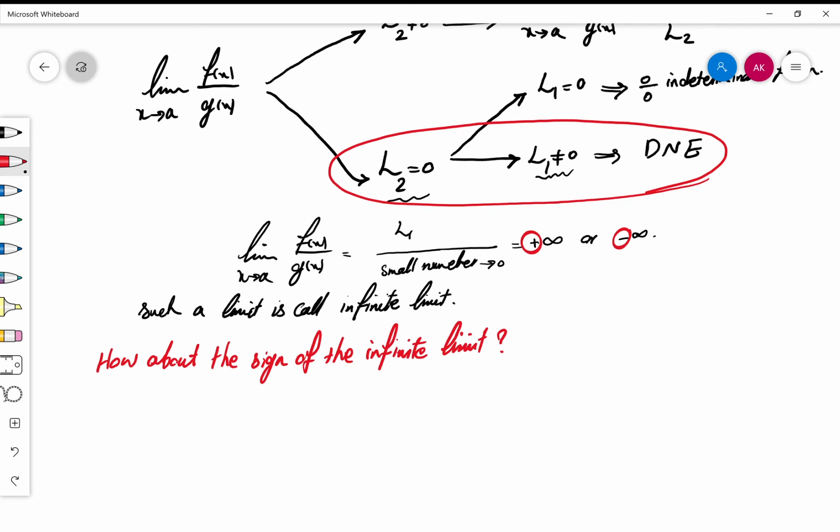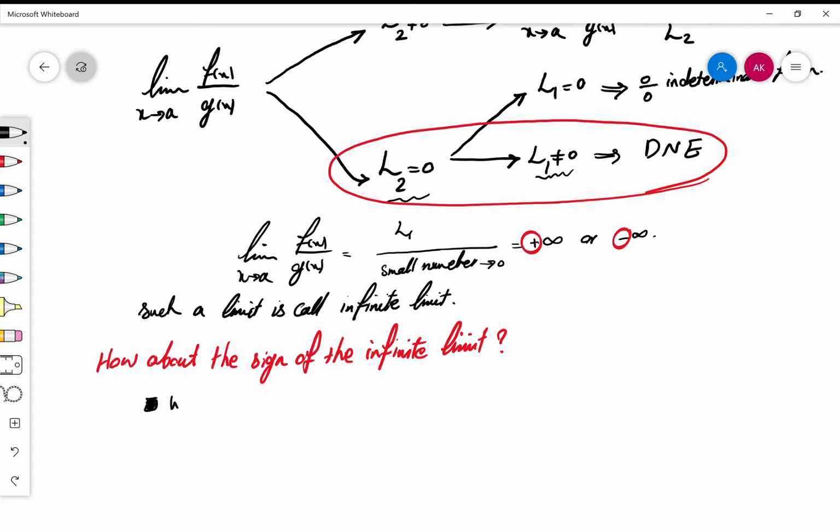Okay, the sign is very important, and to derive that, to find it, basically we have to study what kind of zero is the limit of the denominator.